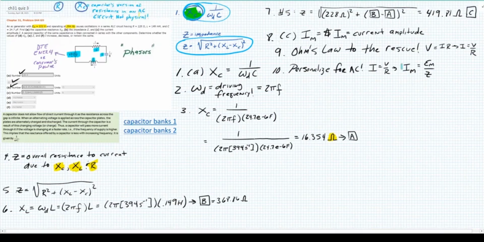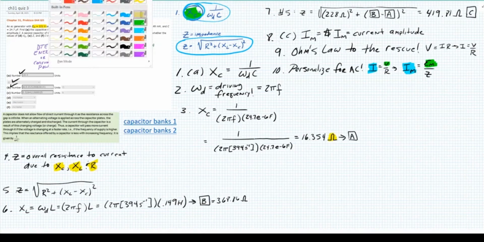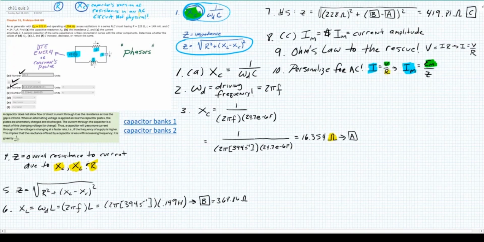We're just dealing with max values. The maximum value of current in a regular old simple DC circuit was just voltage, and instead of saying voltage in an AC circuit, we call it EMF, maximum value, divided in the good old days with simple DC circuits by the circuit resistance. But in the new world here, we refer to impedance.